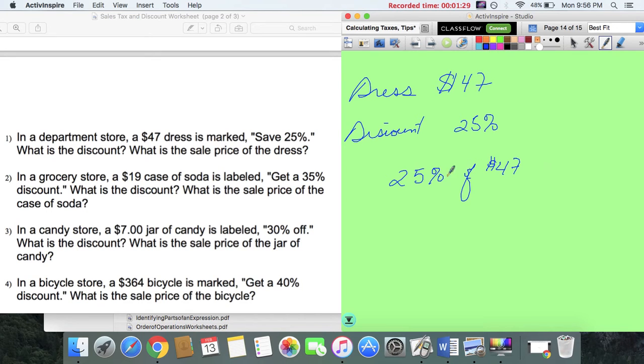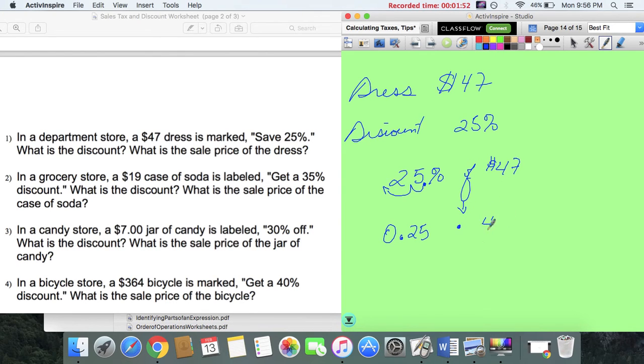So step one, we're going to change the 25%. We're going to take out the percent sign, so that's gone, and we're going to move that decimal over here 2 spaces to the left. And we're going to change that percent into a decimal, so it's going to become 0.25. Of means multiplication, times.